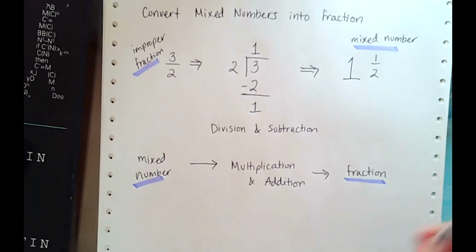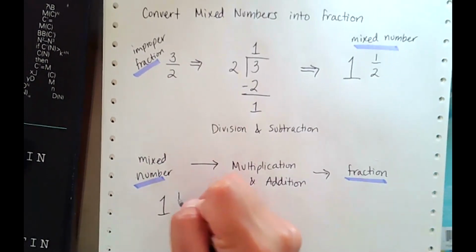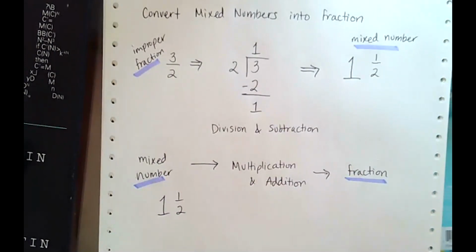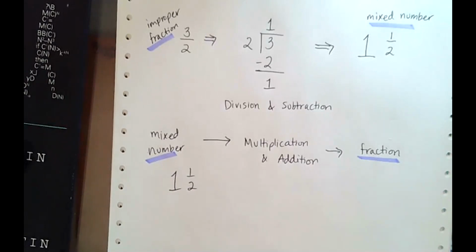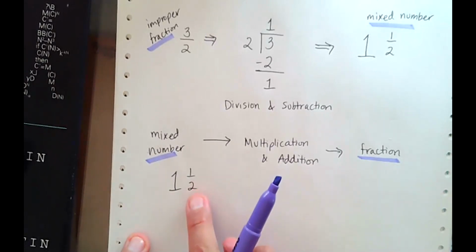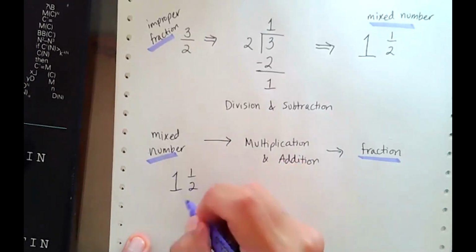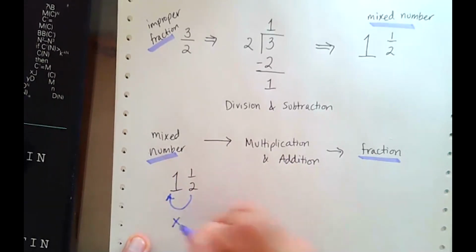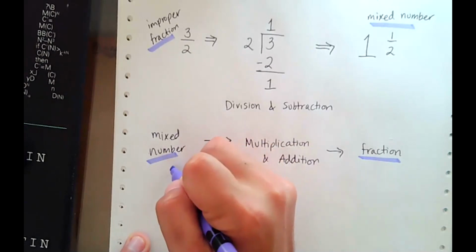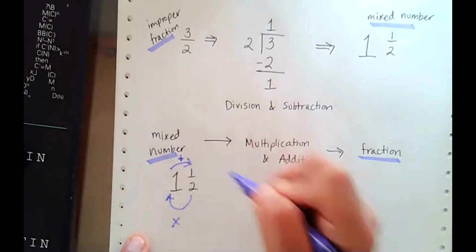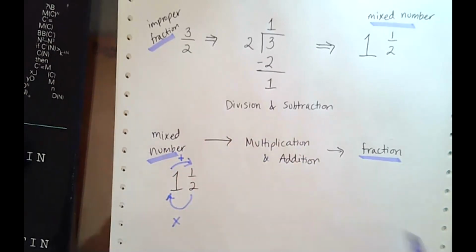So if I have 1 and 1/2, what I'll do is multiply the denominator here, 2, times the whole number, and then I'll take whatever that result is and add it to whatever's on top, whatever's in the numerator.